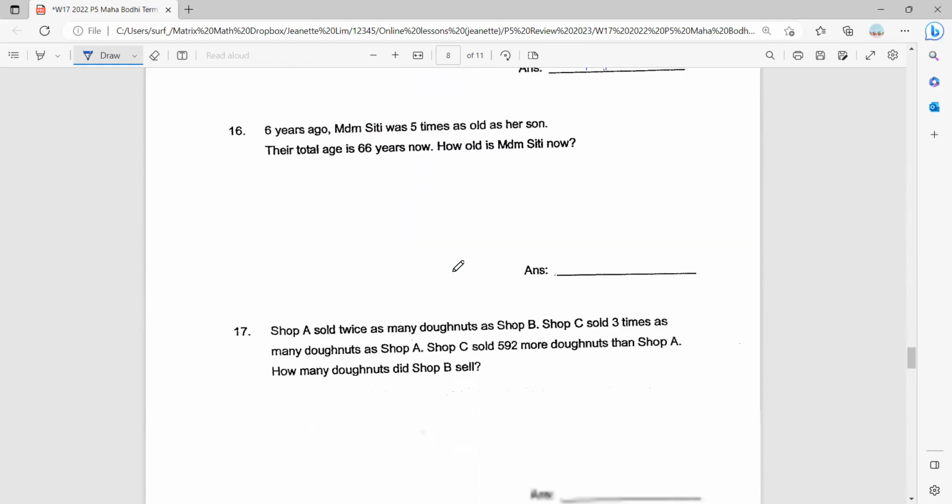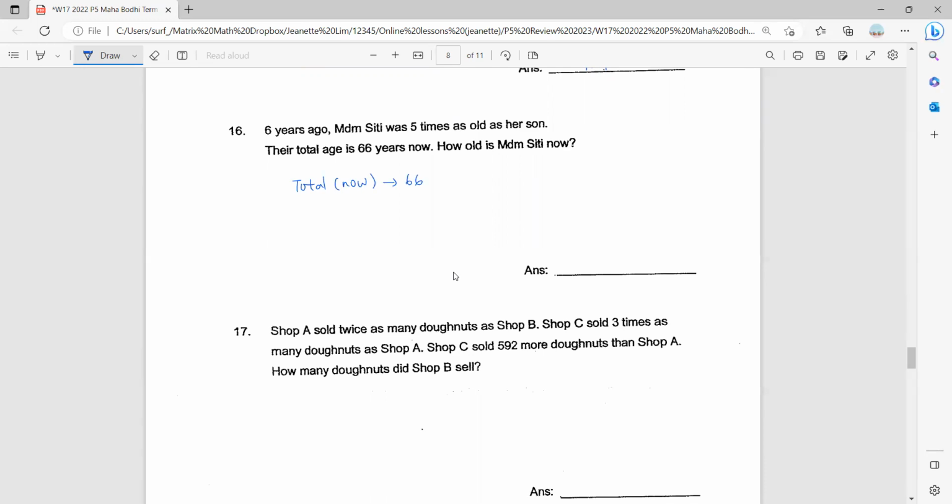Question 16. 6 years ago, Madam City was 5 times as old as her son. Total age is 66 years now. How old is Madam City now? Okay, so 6 years ago. We know their total age now, right? Okay, total now.